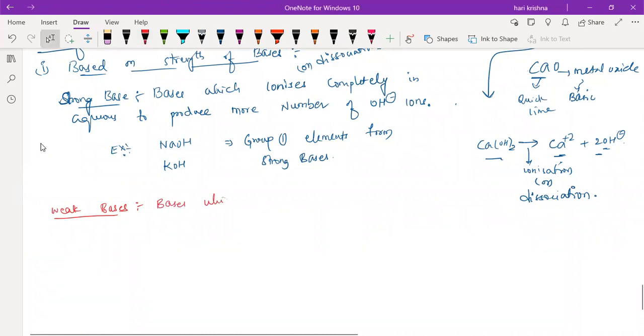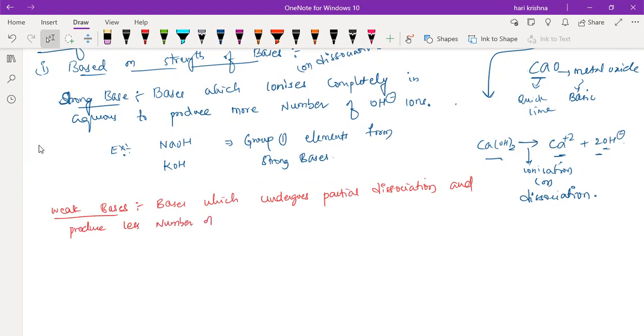A base which undergoes partial dissociation and produces a lesser number of OH minus ions is called a weak base.